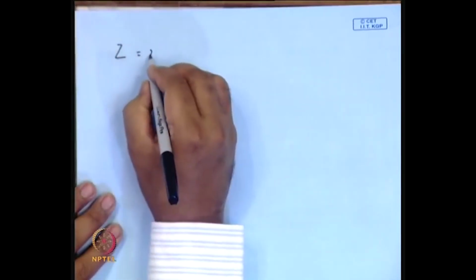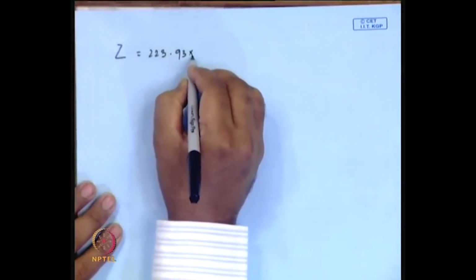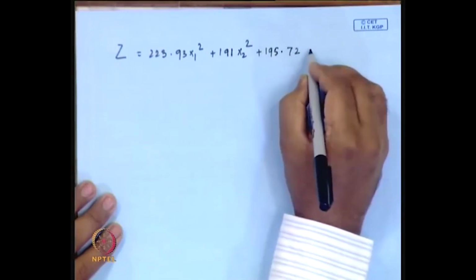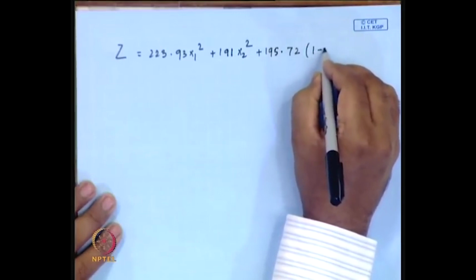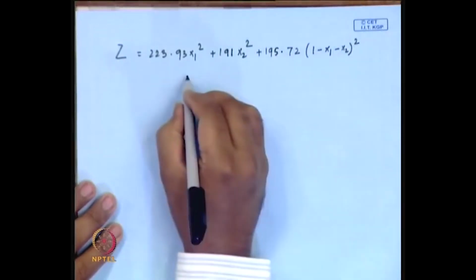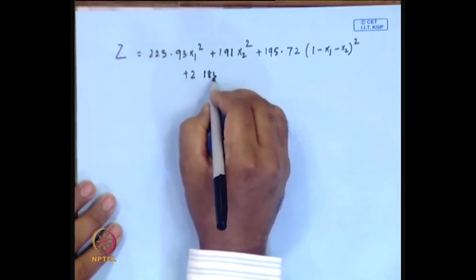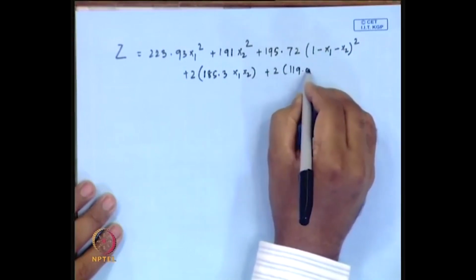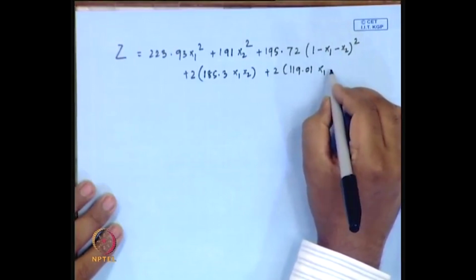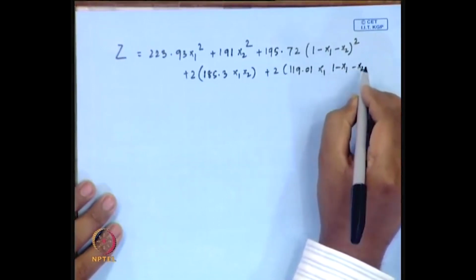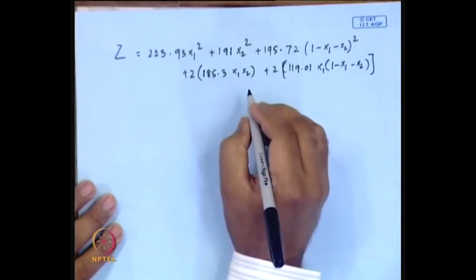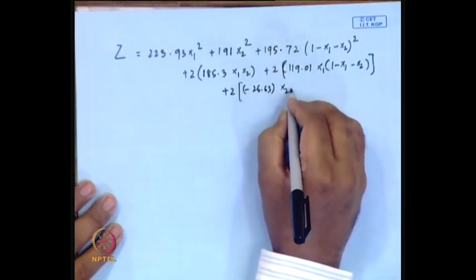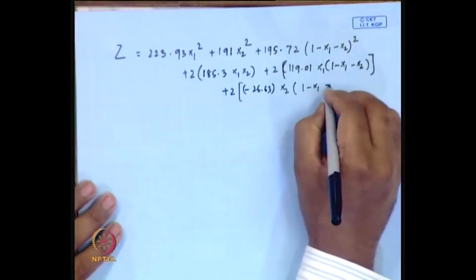So, then your z is equal to, as already mentioned, 223.93 x1 square plus 191 x2 square plus 195.72 x3 square, and instead of x3 we can write 1 minus x1 minus x2 square, plus 2 into 185.3 x1 x2, plus 2 into 119.01 x1 times, instead of writing x3, 1 minus x1 minus x2, plus 2 into minus 26.63 x2 into 1 minus x1 minus x2.